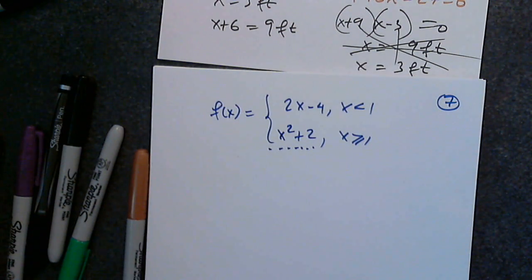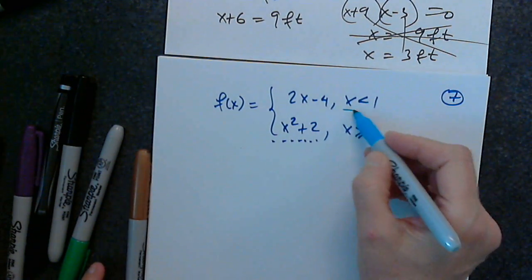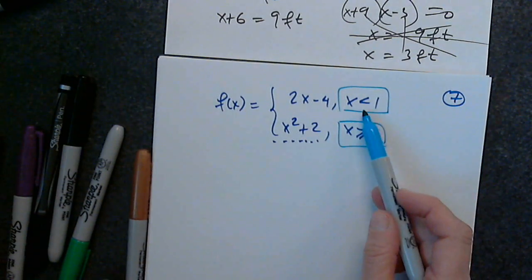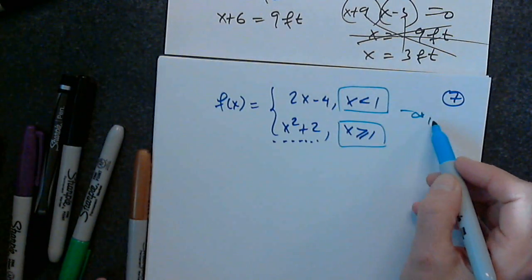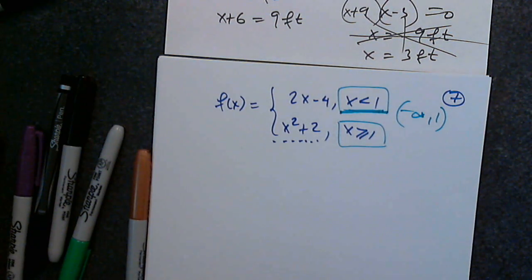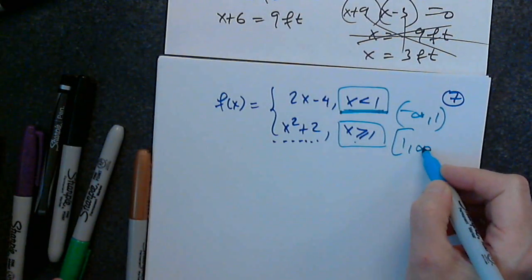Okay, ready? So a piecewise defined function, when we're asked to graph it, first of all, or any function, first of all, I look at the domain. And I hope you agree with this notation representing this inequality. Would you agree? Negative infinity to 1. Would you agree with the second one being 1 comma infinity?